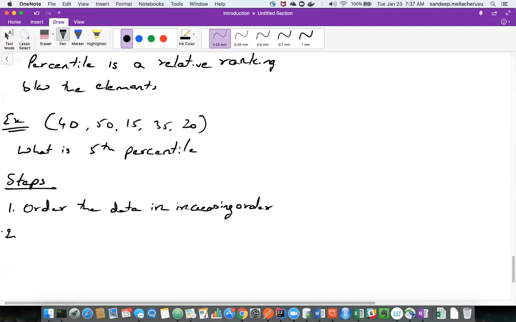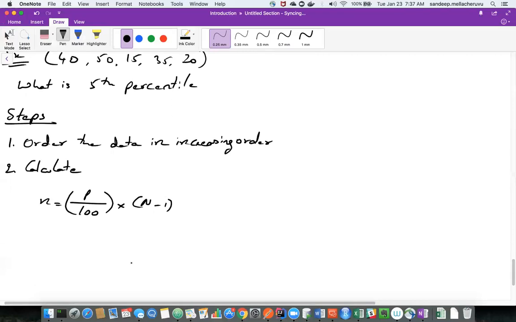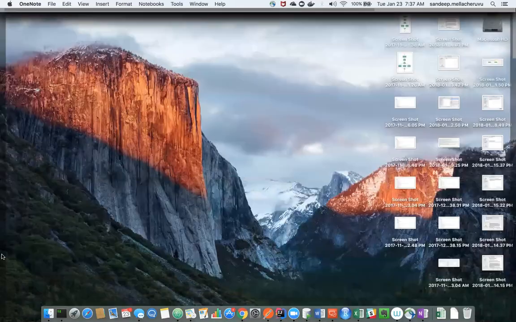Second step is calculate n equal to p by 100 into (N minus 1). Just remember this formula.